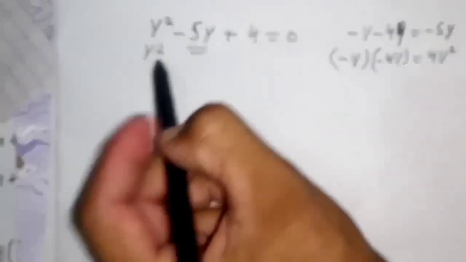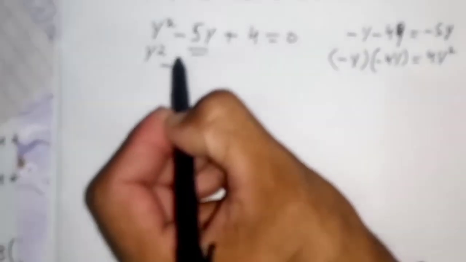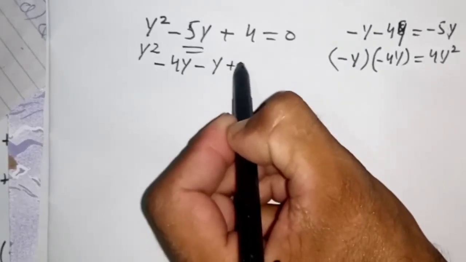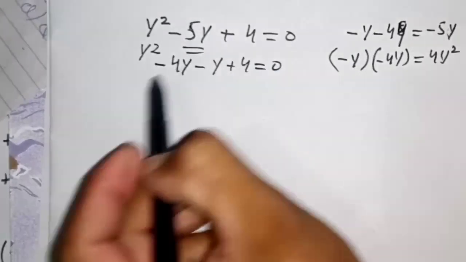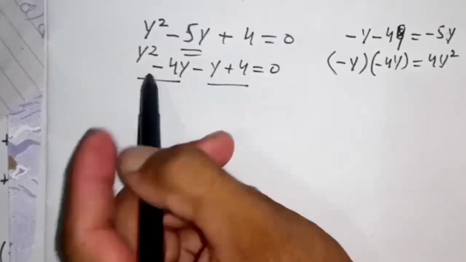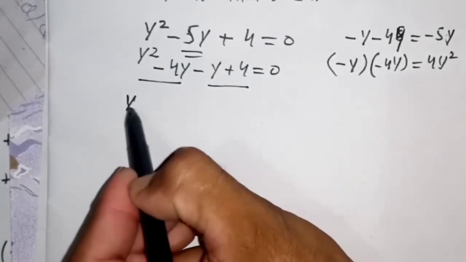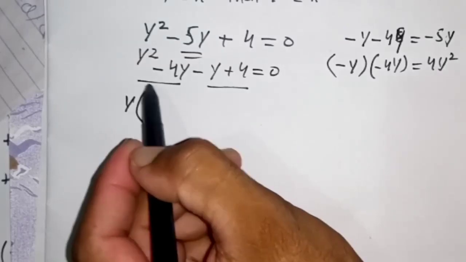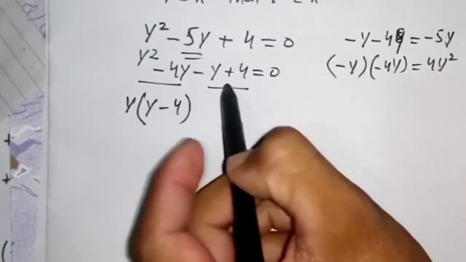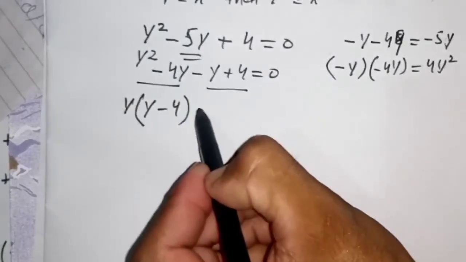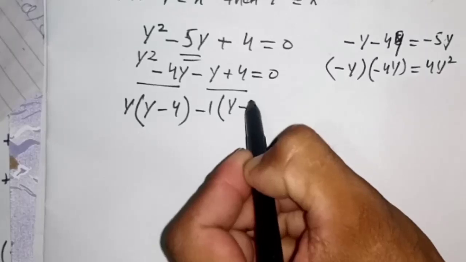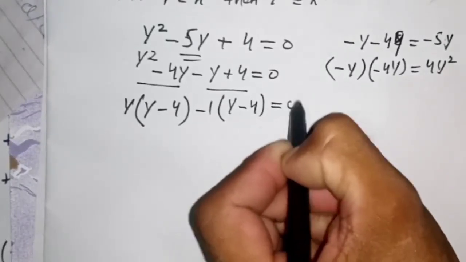So we will write here y^2 - 4y - y + 4 = 0. Then we group the first two terms and the second two terms. From here y is common, so we get y(y - 4), and here we take -1, so we get -1(y - 4) = 0.